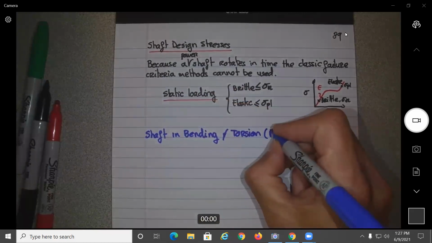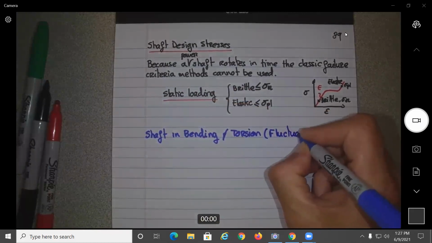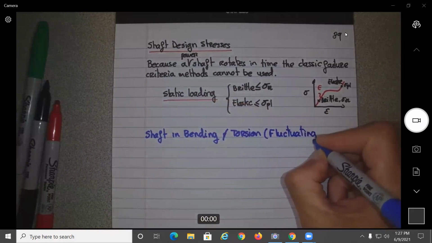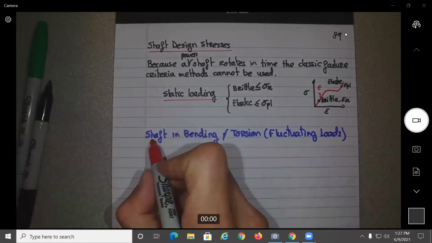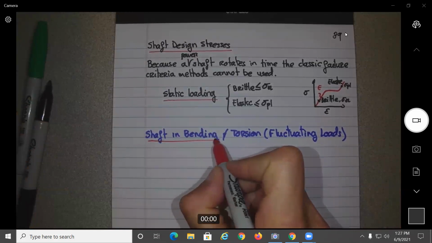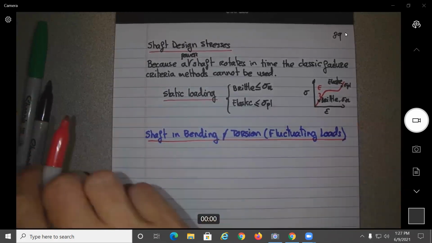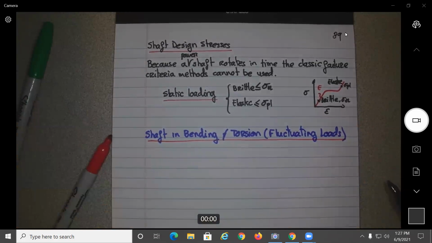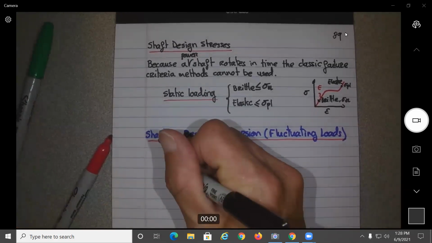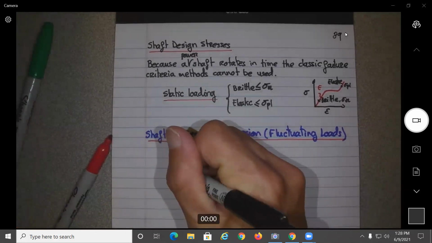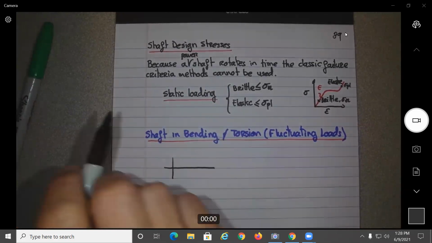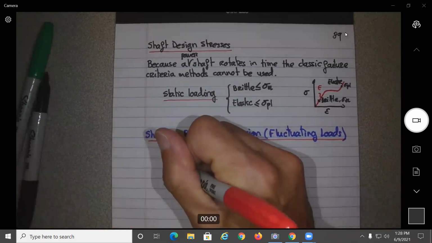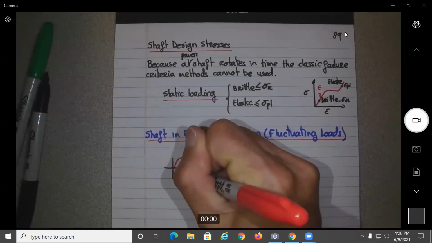And this is generally known as fluctuating load. Okay, so what do I mean by fluctuating load? I'll do a simple case. Fluctuating basically means that it's going to go between a maximum value and a minimum value.